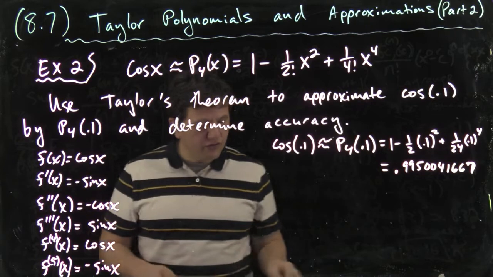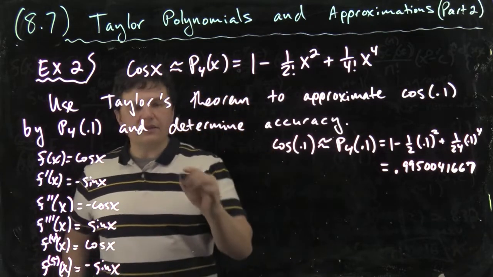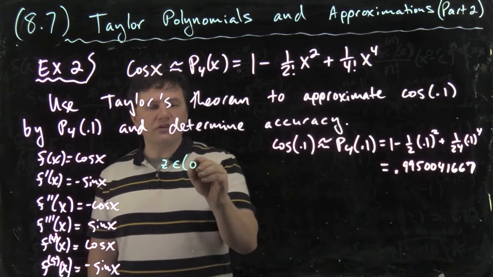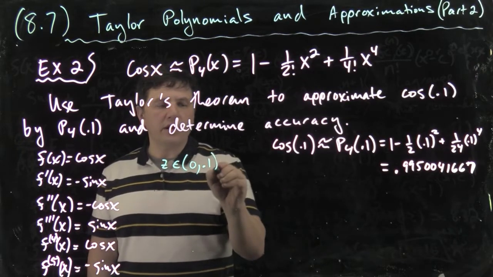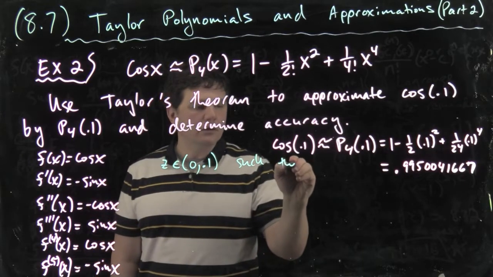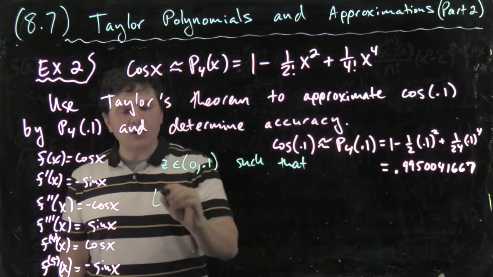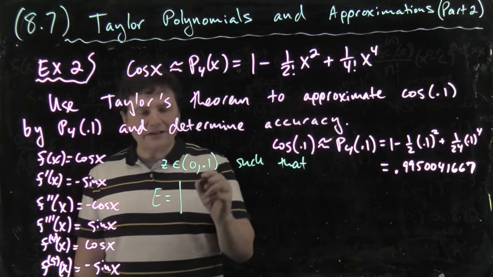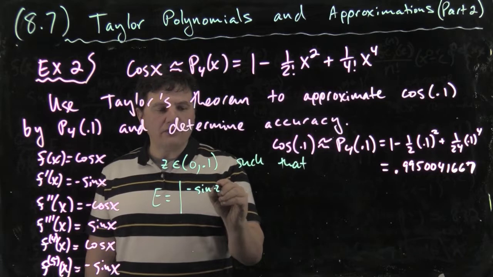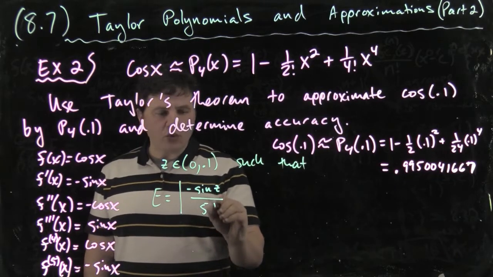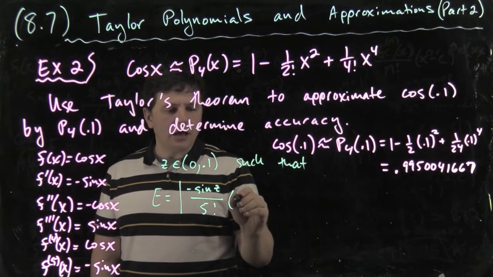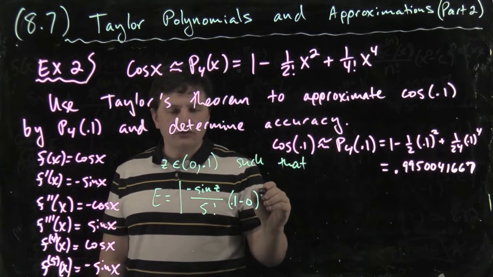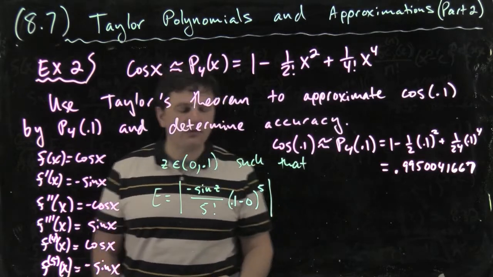Using Taylor's theorem, we know that there's a z somewhere between our center, which is 0, and the point we're approximating, 0.1, such that the error is equal to the absolute value of the next derivative, negative sine of z, over 5 factorial, times 0.1 minus 0 to the 5th.